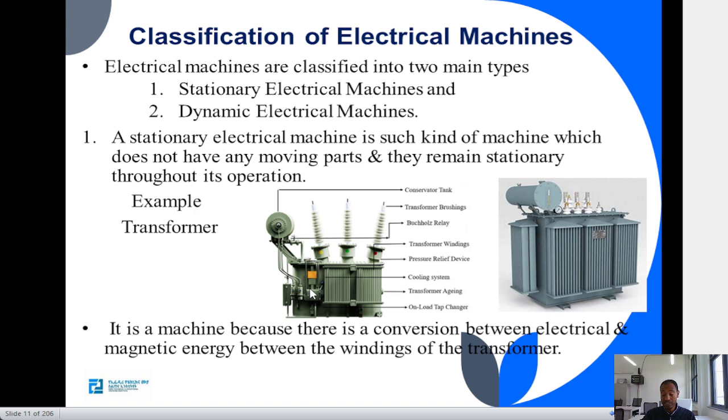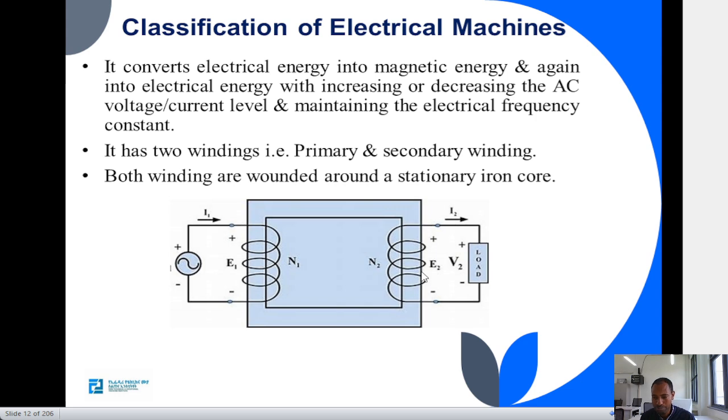Basically, it converts electrical energy into magnetic energy, and that magnetic energy is again converted to electrical energy, and a stepped up or stepped down signal is produced from such a machine. Based on the winding and the way the transformer is connected, it converts electrical energy to magnetic and again to electrical energy.